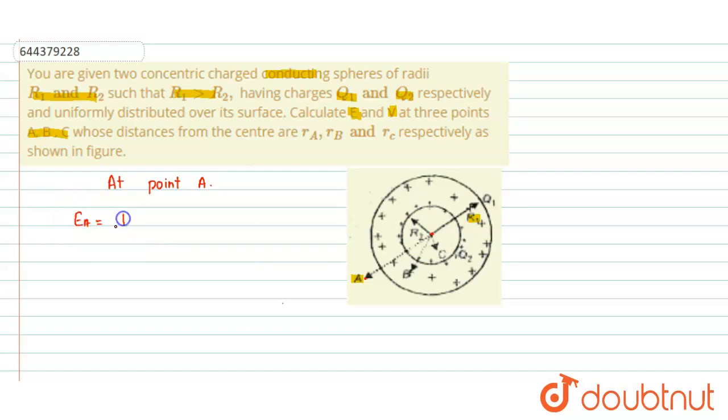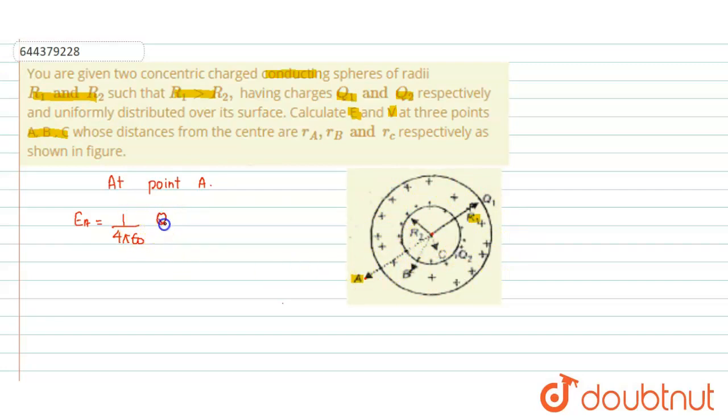This will be 1 upon 4 pi epsilon naught. First you see that this entire charge Q1 on this sphere will be assumed to be placed at the center, so this will act as a point charge placed at the center and the distance is RA.